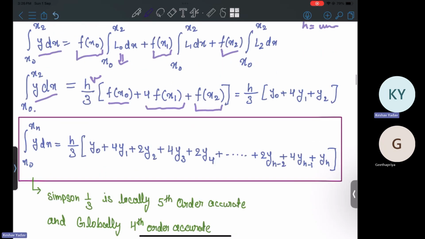That can be represented as h by 3. This 3 is coming here, that's why it is called the one-third rule. So h by 3, y0 plus 4 y1 plus y2.